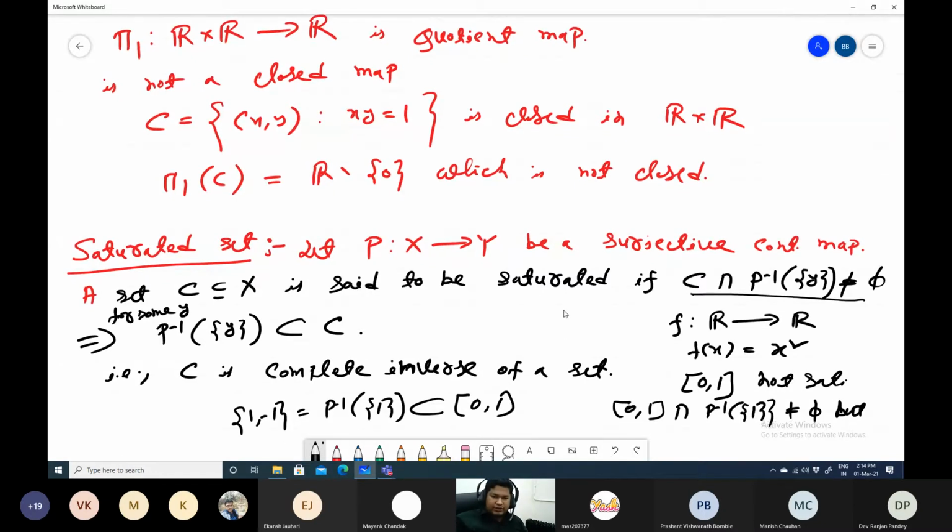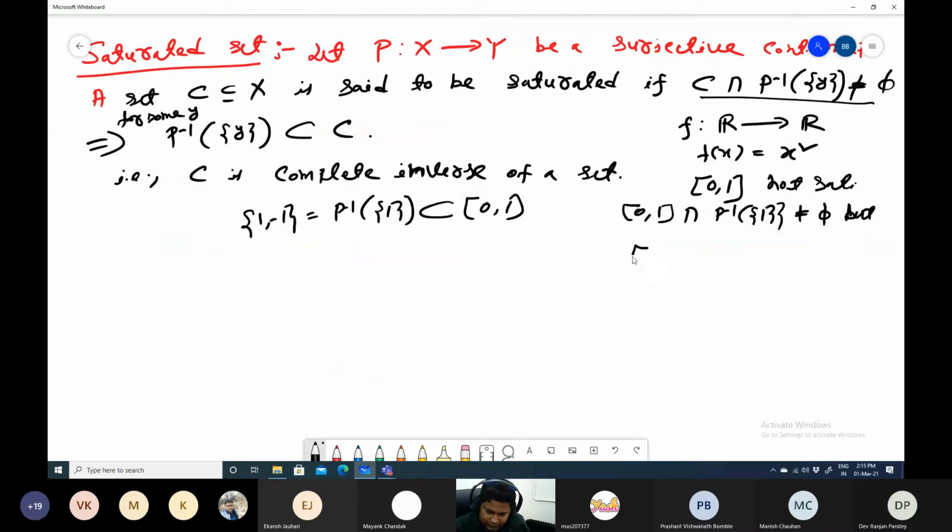Now what about -1 comma 1 here? Is it a saturated set? Yes or no? Yes, sir. Yes, because you can write it as P inverse of 0 1.